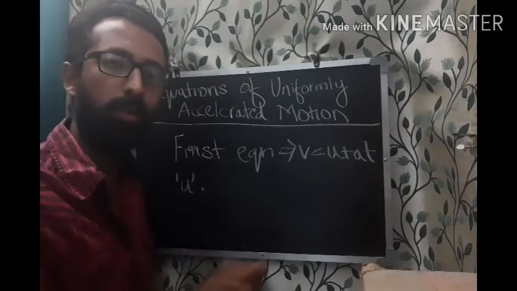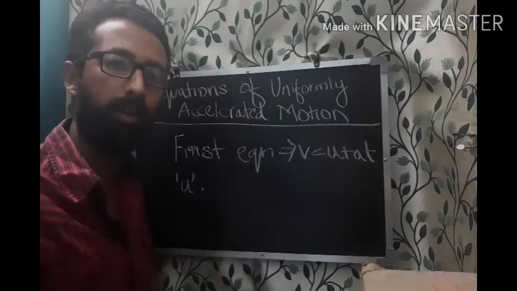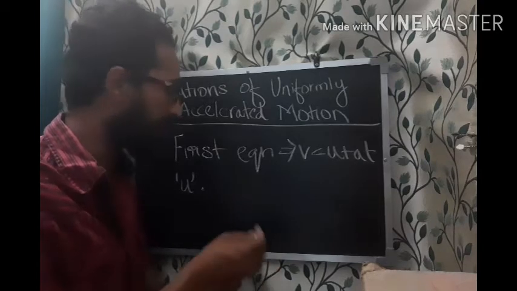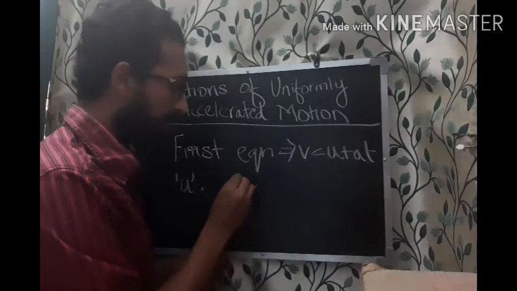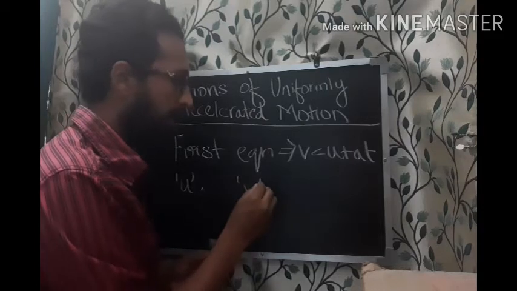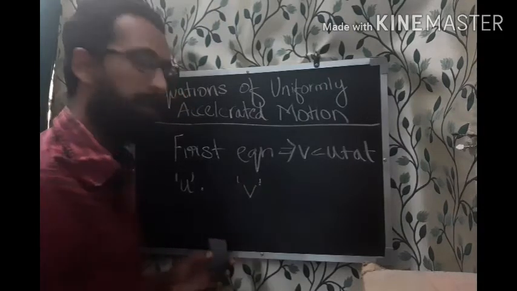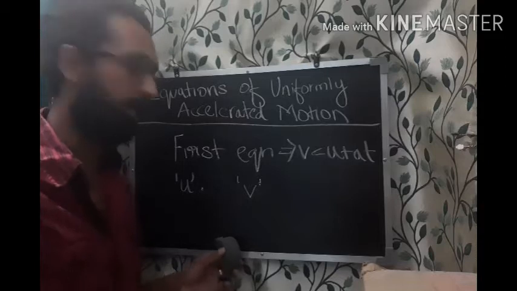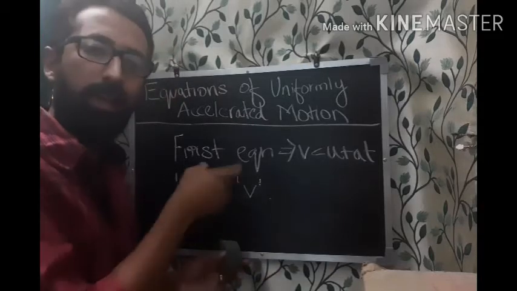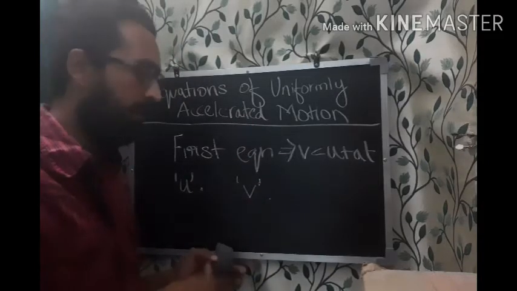So the final velocity will be v. This is the introduction line that we will write for the derivation.